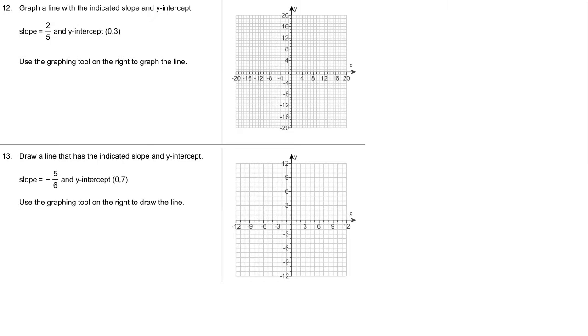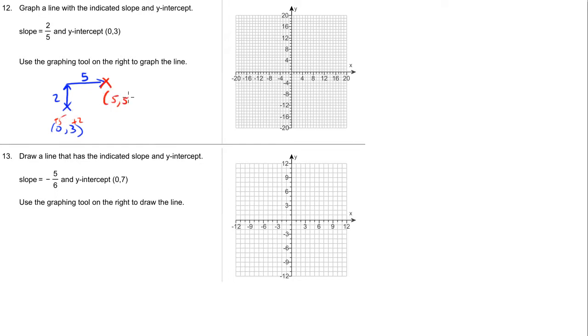Okay, graph the line with the indicated slope and intercept. This is a little hard because our axes are so small here. But what we're going to do is start at 0, 3 right here. And then we're going to go up 2 and over 5 to this point, which is plus 2 in y and plus 5 in x.